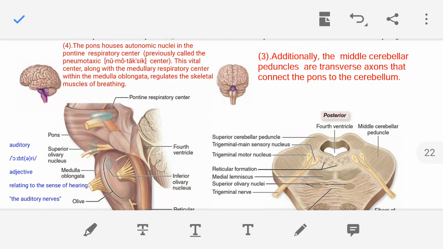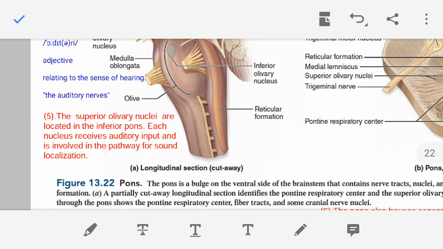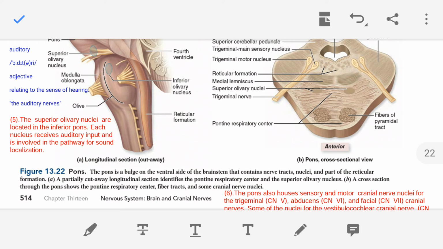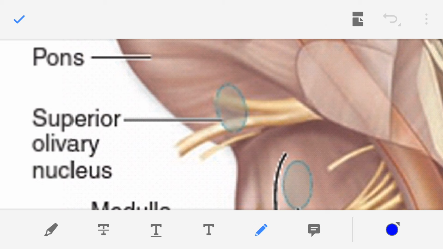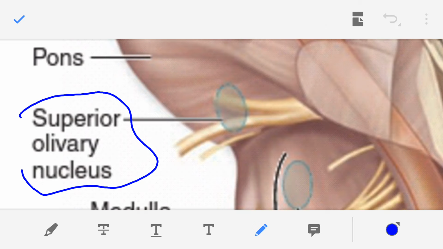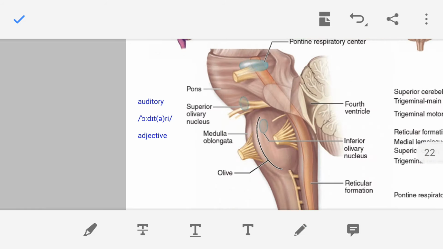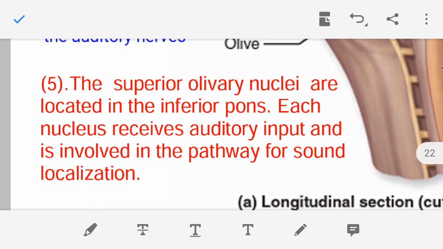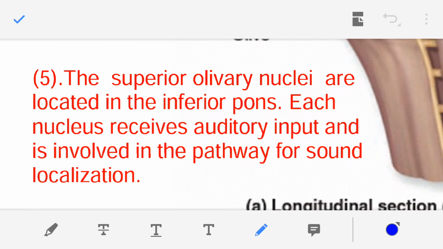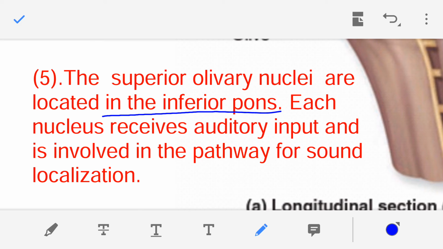Now the fifth point. In the fifth point we are discussing the superior olivary nucleus. Now what is this superior olivary nucleus and what role are these nuclei playing? See, the superior olivary nuclei are located in the inferior pons, and these nuclei receive auditory input.